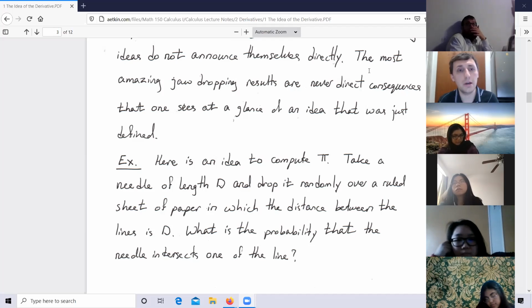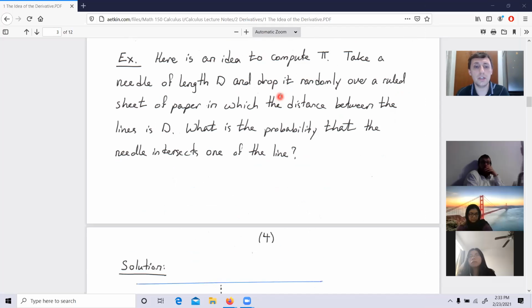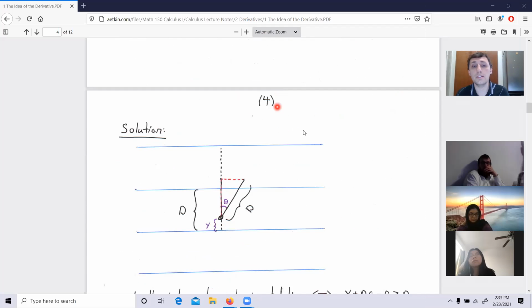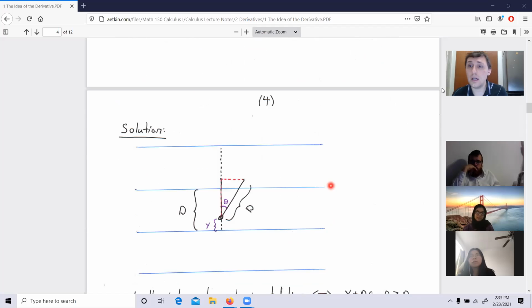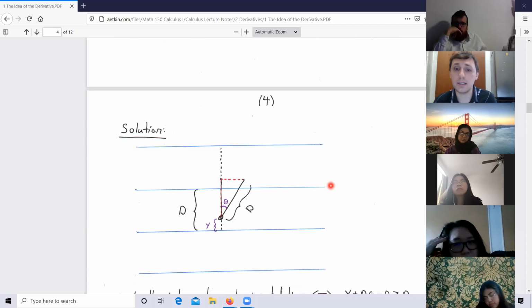How do you actually calculate it? Here is one thing you can do, guys. You can take a ruled piece of paper, take a needle that is as long as the lines in the paper, throw the needle on the ground, and count how many needles intersect a line of the ruled paper.